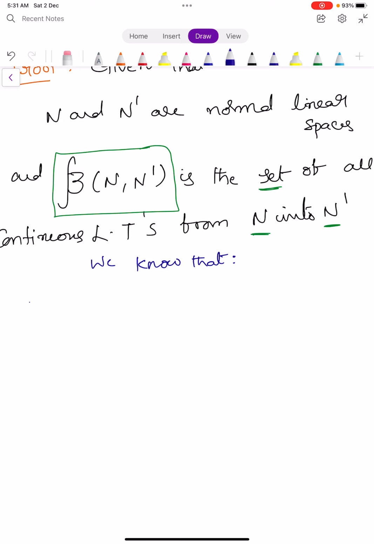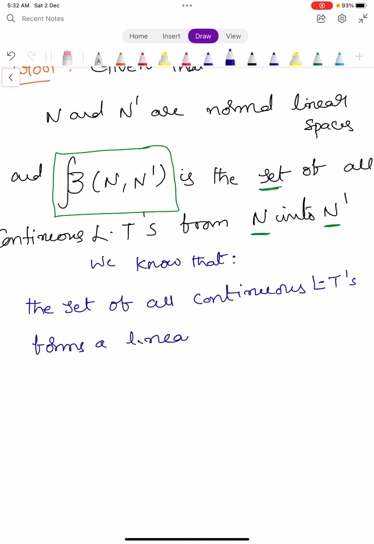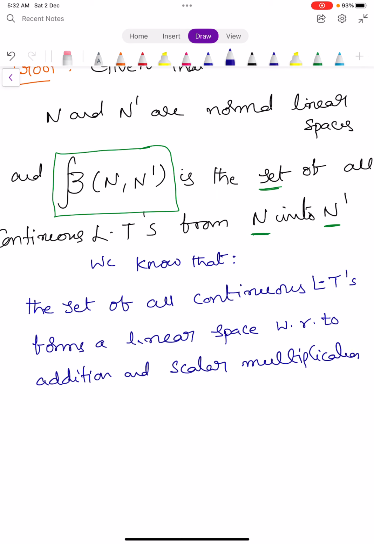In the linear spaces, the set of all continuous linear transformations forms a linear space with respect to addition and scalar multiplication of linear transformations.